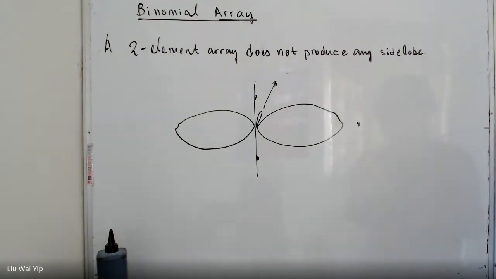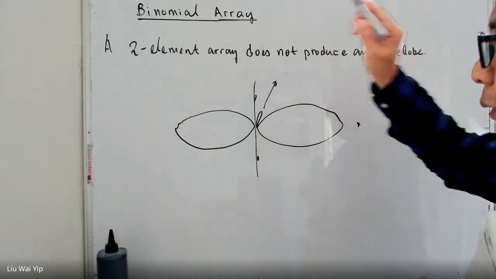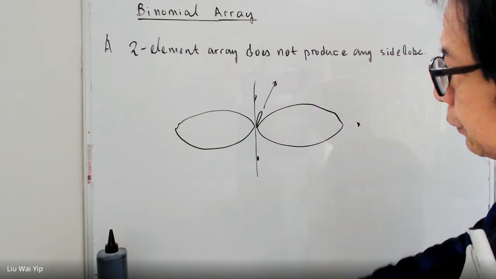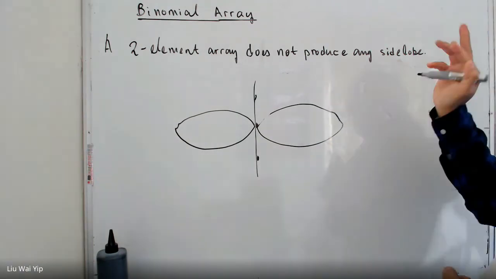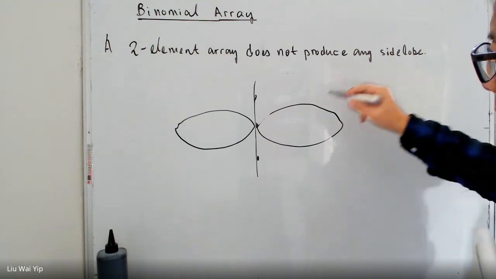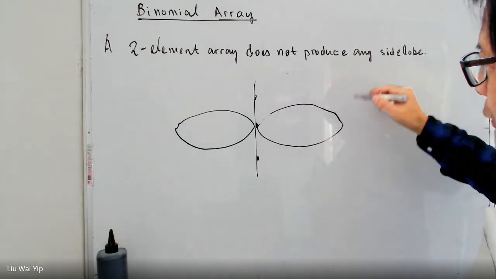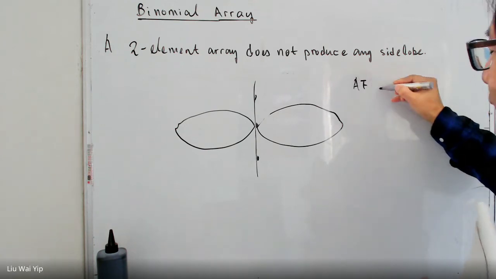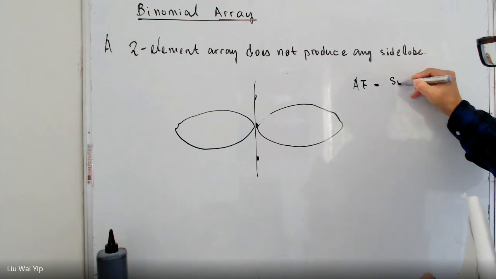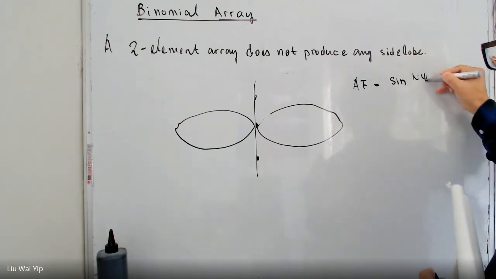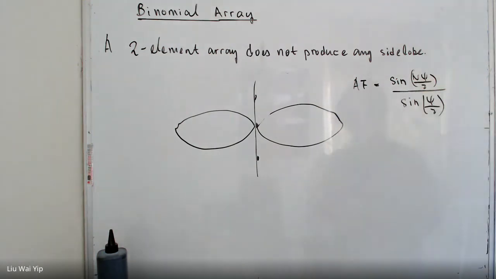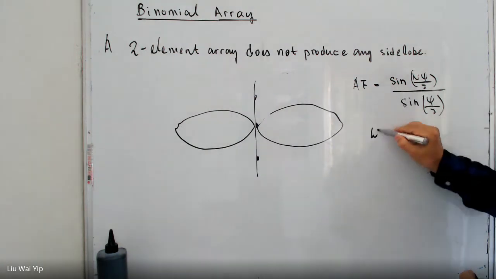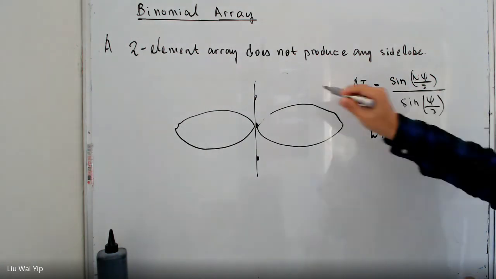So we know that if we have only two elements, we will not end up with any side lobe. For a two element array, the radiation pattern is determined by the array factor, which is sine of N psi by 2 divided by sine of psi divided by 2, where N is equal to 2.